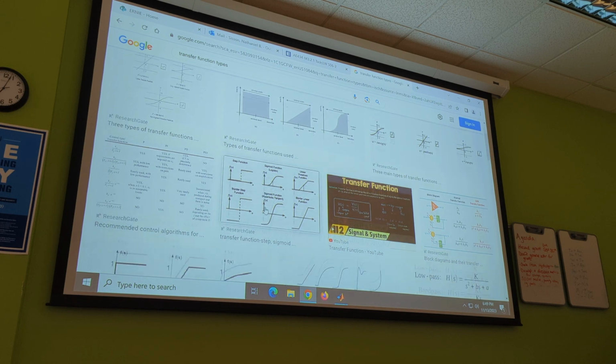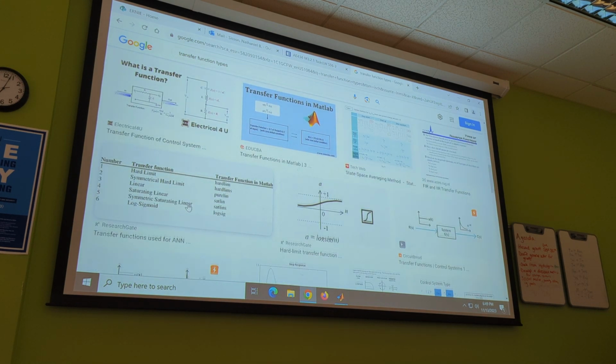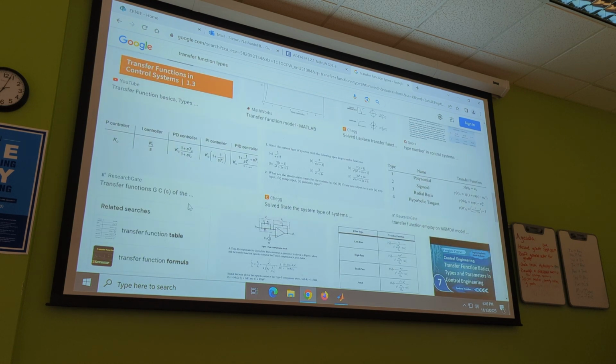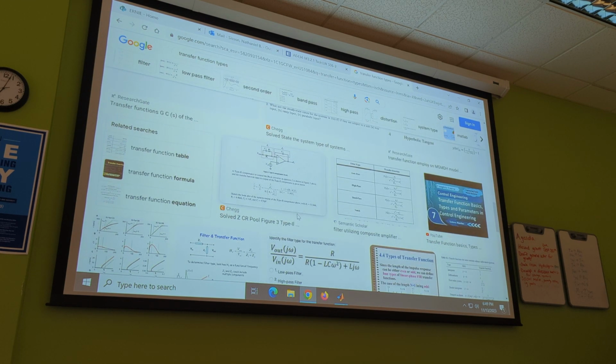I've never actually seen that before, or I may not have remembered it, but what I do know about types is it's basically dictated by the number of poles you have. So he had on there type 0 with a unit step input. Yeah, the error, and you would get a finite error, essentially what he's saying, and then the rest are infinity for type 0.